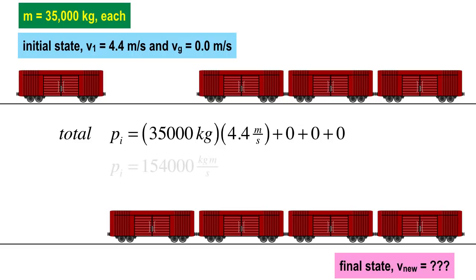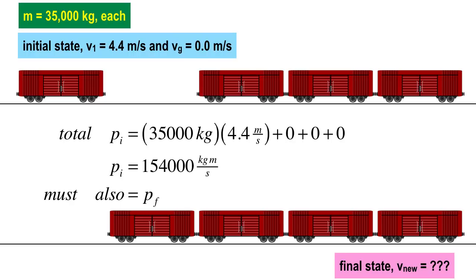So the initial momentum is 154,000. But is that correct? Can you verify me on that? 4.4 times 35,000? Is that good? Okay, because sometimes I have a typo. Now, this has also got to be equal to the final. And why is that? The final momentum is going to be the mass of all 4 of them. 35 times 4 is, see, 35 times 2 is 70, 70 times 2 is 140.